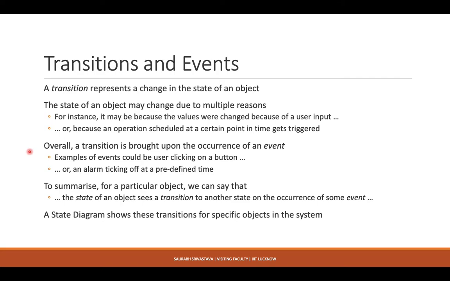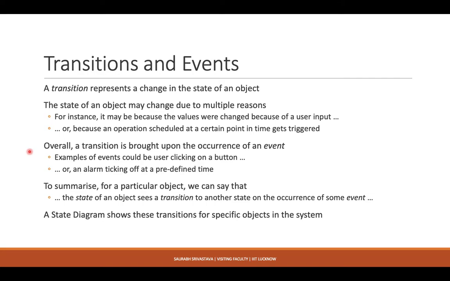This event could be something like clicking on a button or typing some text. So it could be a user-driven event, or it could even be a time-driven event. You can put an alarm, for example, in your system, and as soon as that alarm gets triggered, an event has occurred, and some changes have to be made to the object.